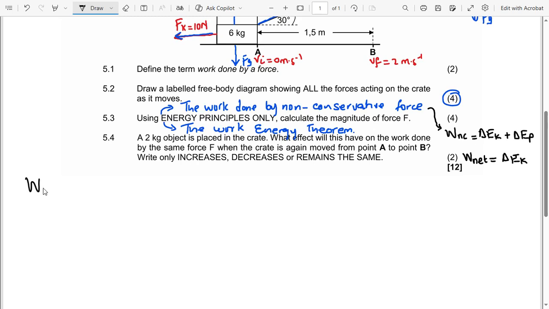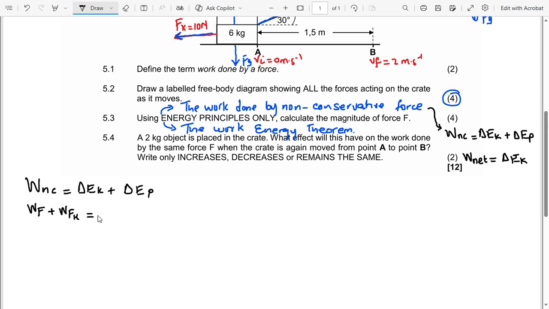So the work done by the non-conservative force is equal to the change in EK, and we are adding this with the change in EP. If you still remember, the work done by the non-conservative force is going to be the work done by the applied force plus the work done by the frictional force, Fk.